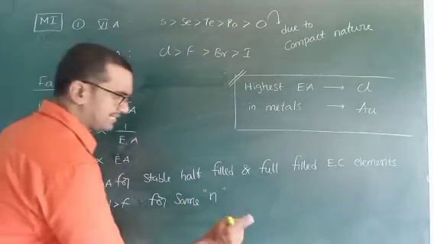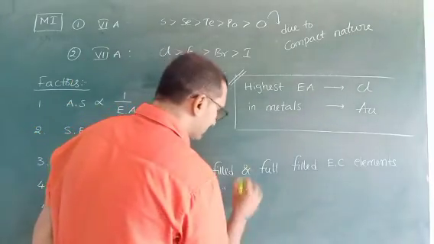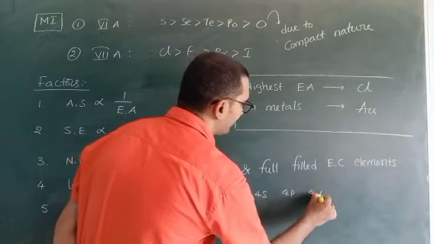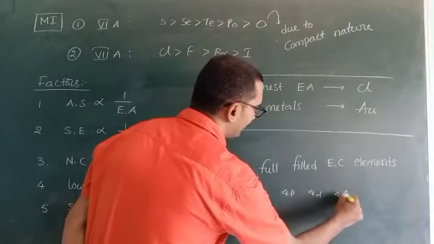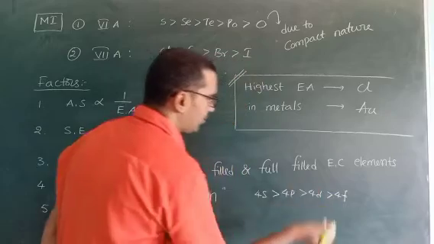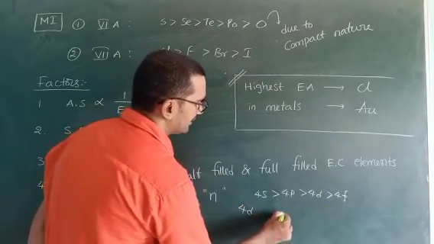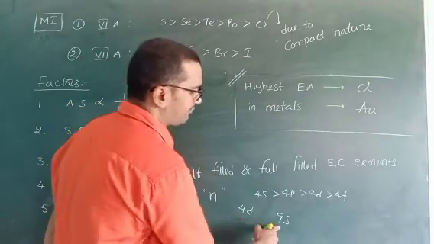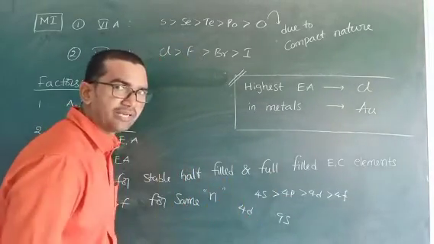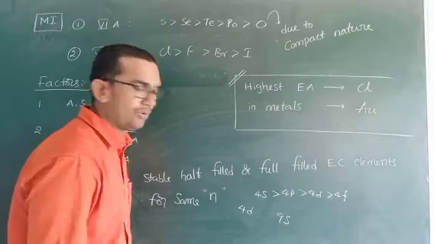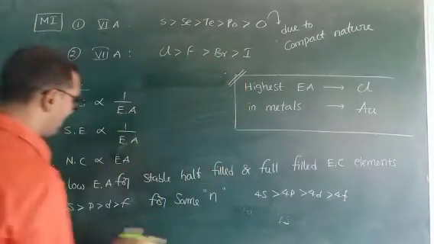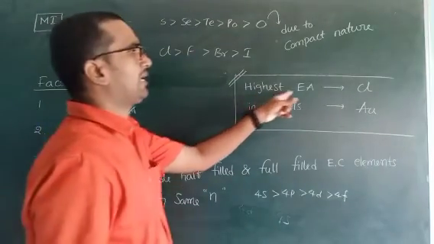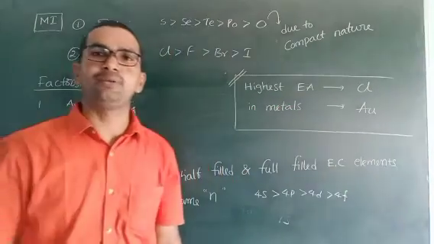This is for the same n, for example 4s, 4p, 4d, 4f. Don't compare it with 4d and 9s like that, because the n values are different, so values are also different. We cannot compare directly. That's it for same n values. And finally, the highest electron affinity element in the periodic table is chlorine.